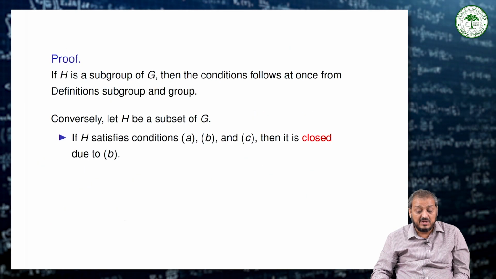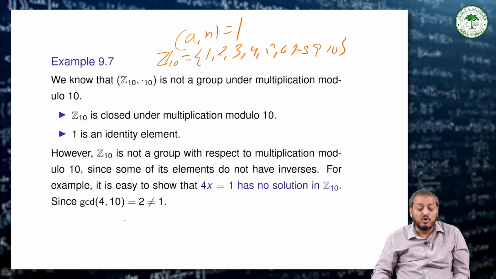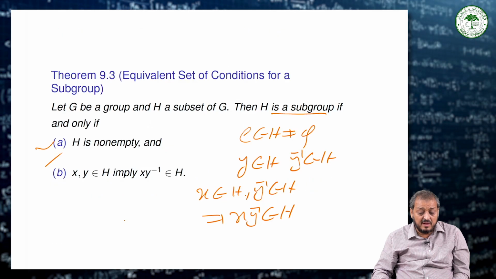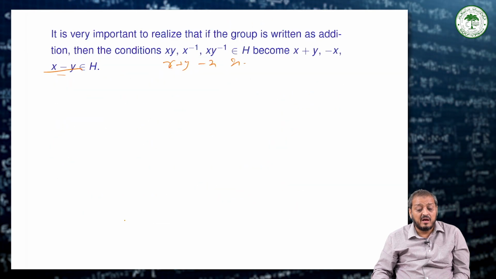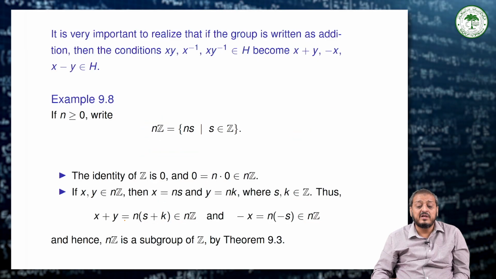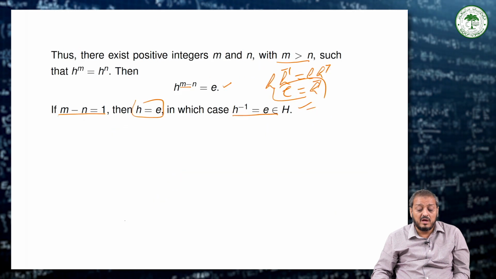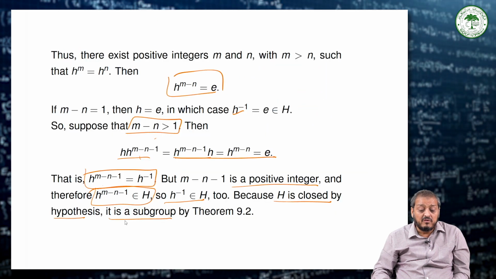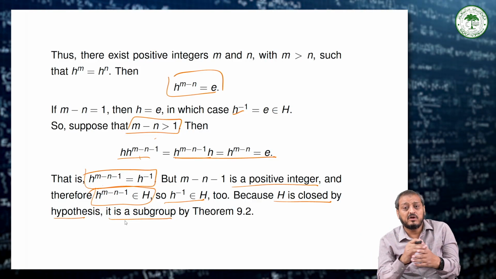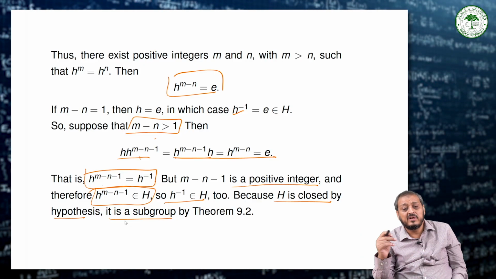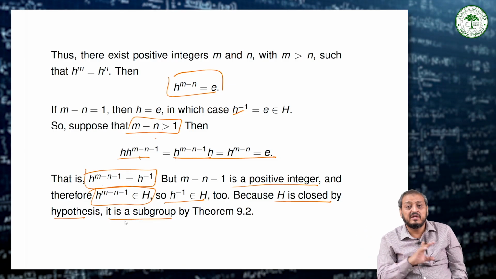So clearly, if we have a finite subset of a group G, we only need to check closure. It is enough to show that H is closed, and then it is a subgroup.